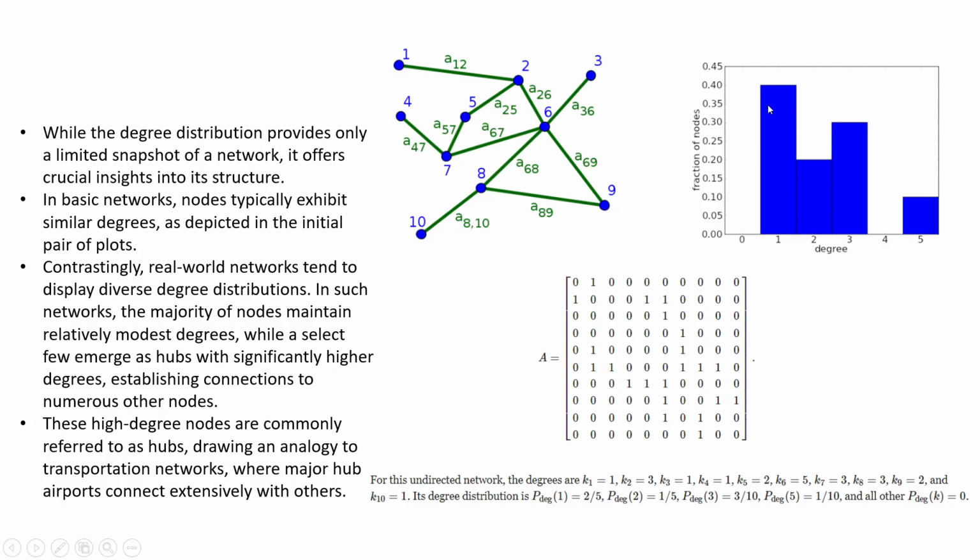The maximum fraction of your nodes have degree 1. Almost 40% of your nodes have degree 1. So this is how you calculate degree and degree distribution. This is an important property that helps you understand different aspects of the network. It's a simple yet very powerful property.